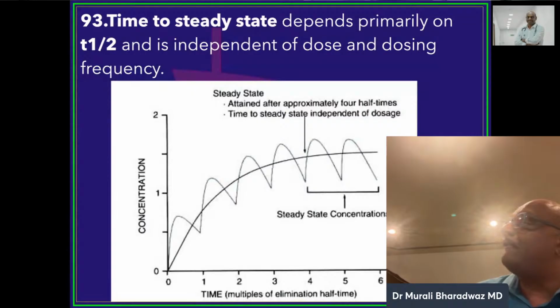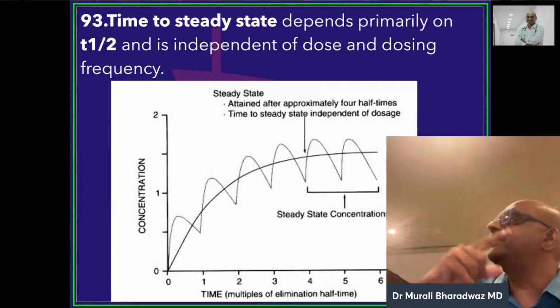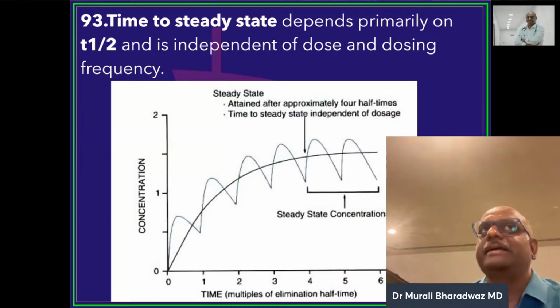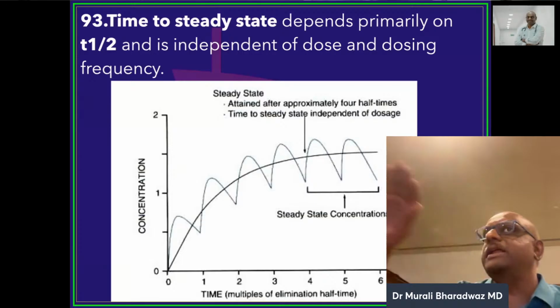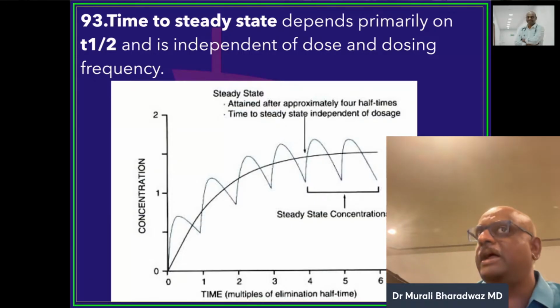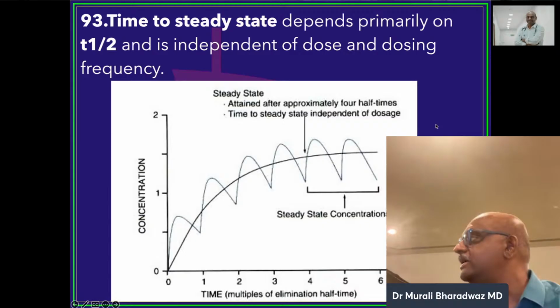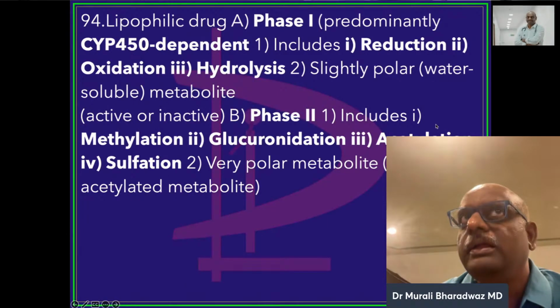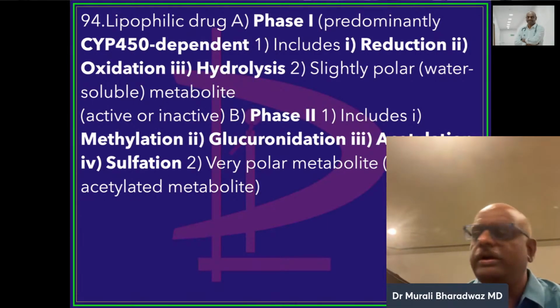Those things that affect the VD can only alter the loading dose. Now, how much time it takes to reach steady state primarily depends on T half. It requires 4 to 5 T halves before steady state concentration is achieved. For all drugs. All drugs.